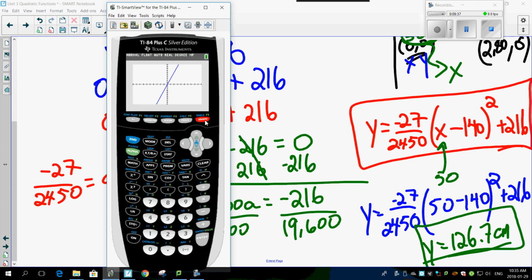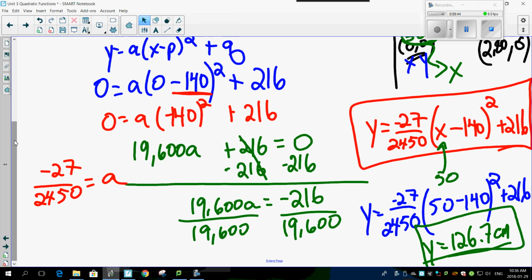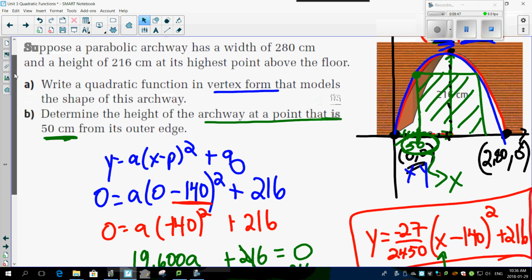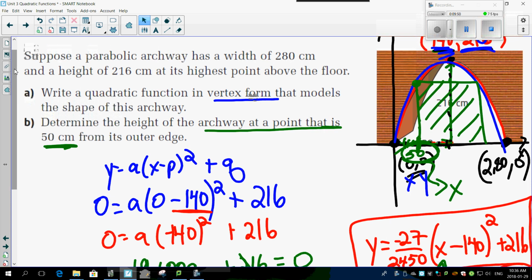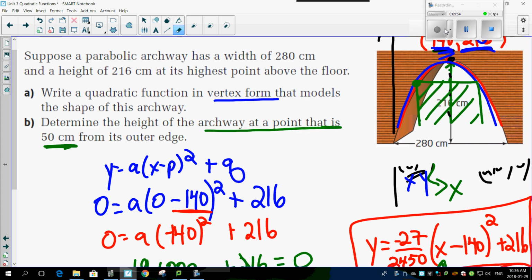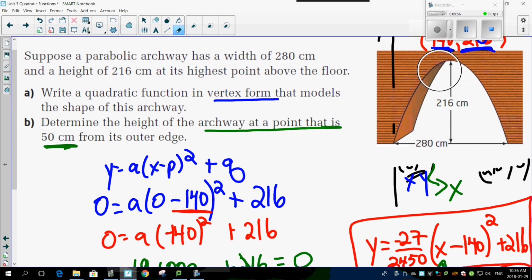You don't see much. And why is it that you don't see much? Well, the reason is because look at this wonderful thing back here. This is an archway, and let me clean this up so that you can see it a little bit better. This archway, if you remember, is 280 centimeters by 216 high.